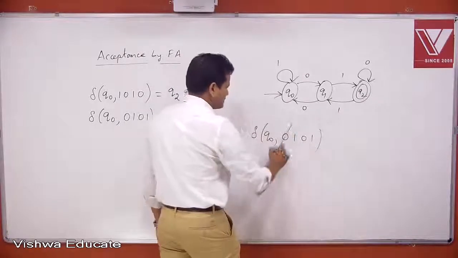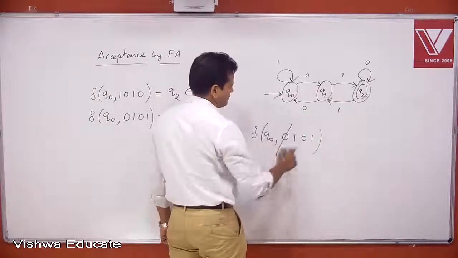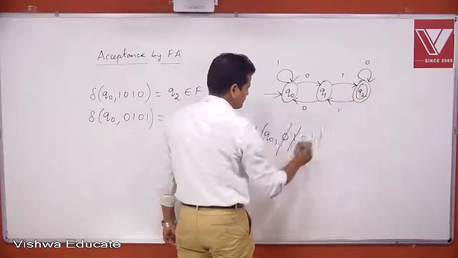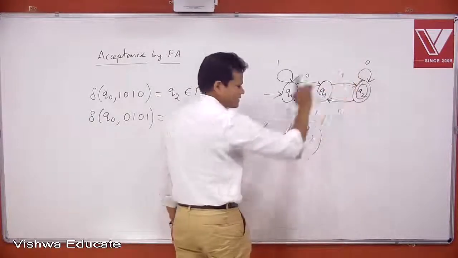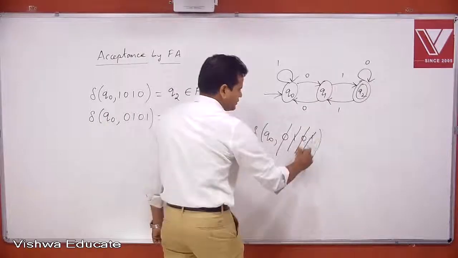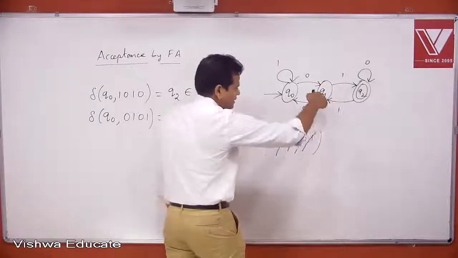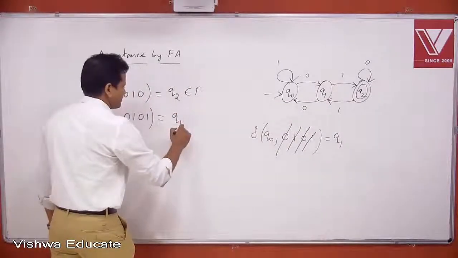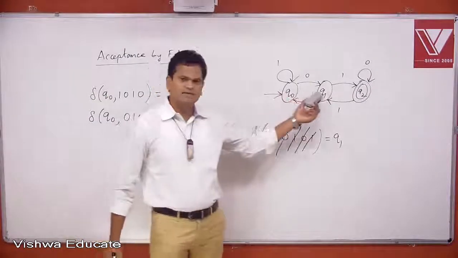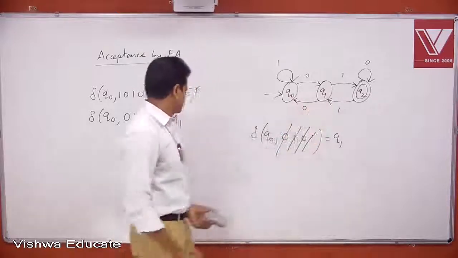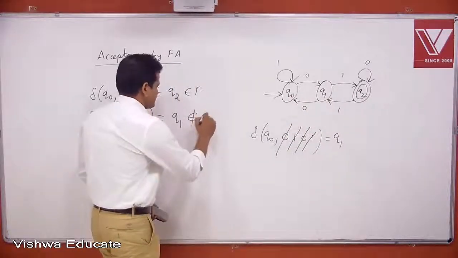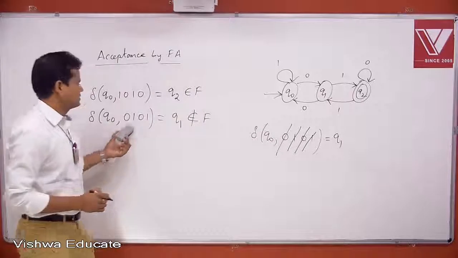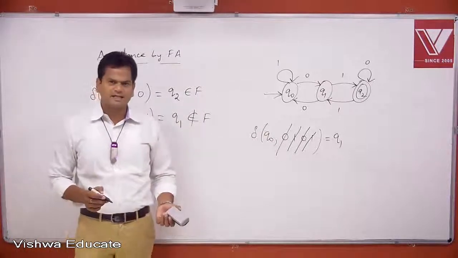From Q0, 0 comes, it goes to Q1. Q1 on 1, it goes to Q2. Q2 on 0, it remains in the same state Q2. Q2 on 1, it comes back to Q1. So it reached Q1. Is Q1 final or non-final? It is a non-final state. Therefore, 0101 is not accepted.